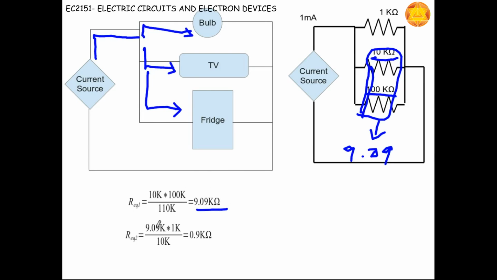So now 9.09 into 1 kilo ohm, divided by 9.09 kilo ohms plus 1 kilo ohm, which will give you an answer of 0.9 kilo ohm.